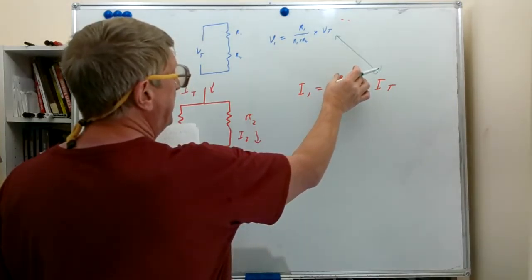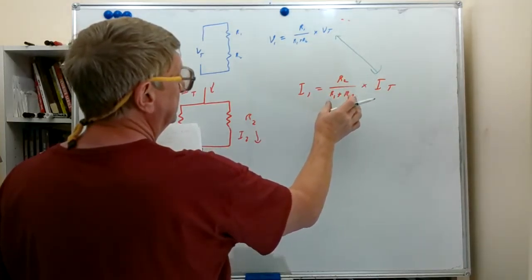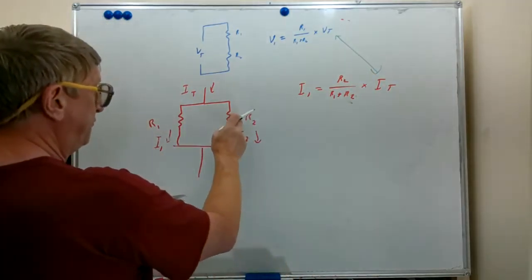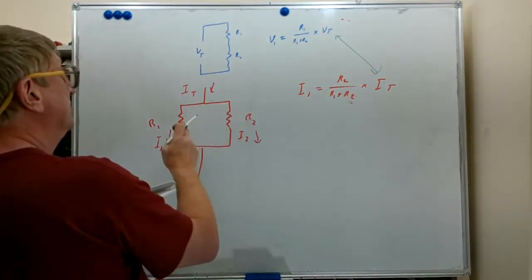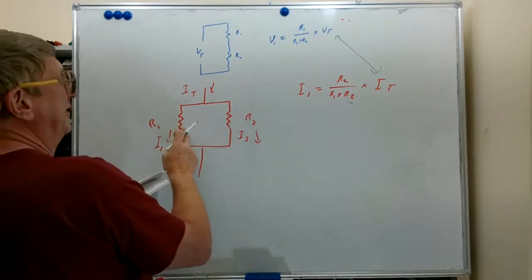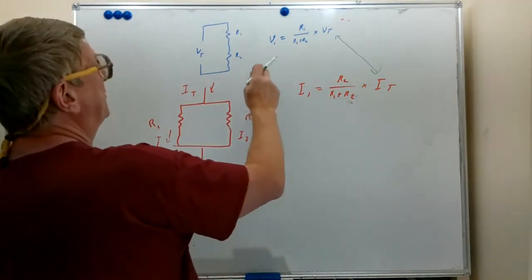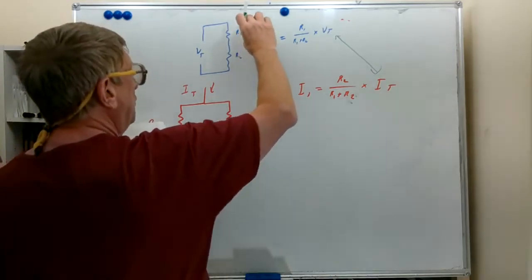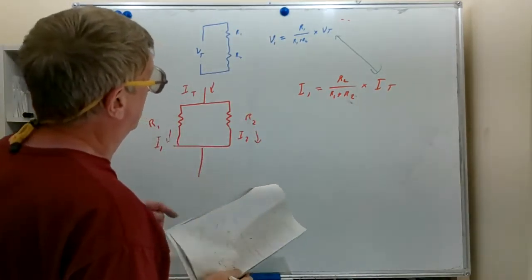As this resistor becomes bigger, the current through this one becomes greater. As this resistor becomes larger, the voltage across this resistor becomes larger.